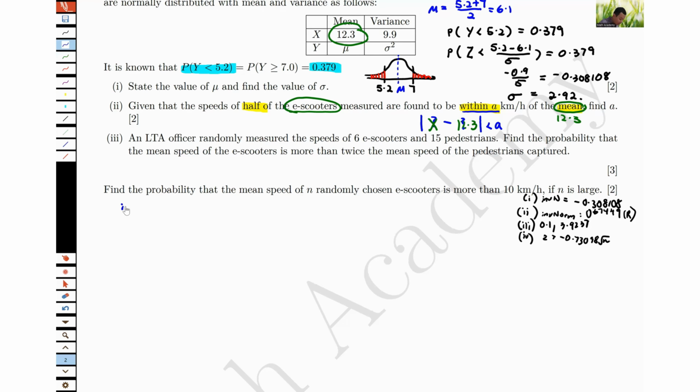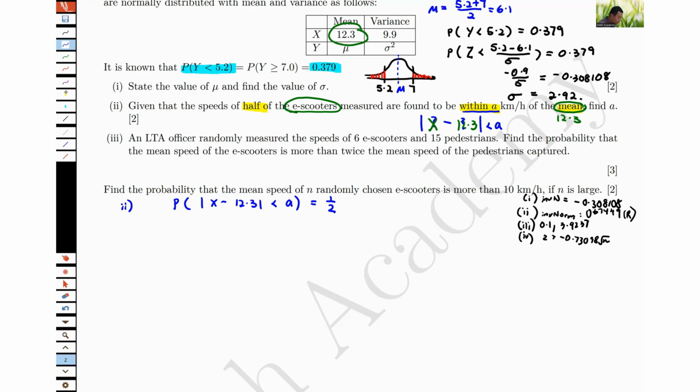So let's start forming the equation. I do part 2 below. We want the probability that mod X minus 12.3 is less than a. And what's the chance of this probability? It's half, so you put this to be half.